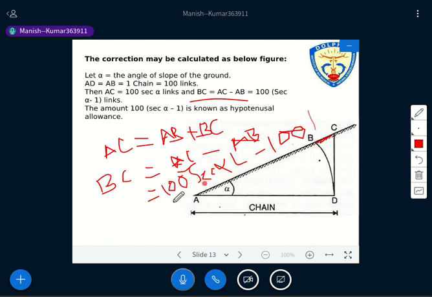Now we can take this 100 link common, so we will get this formula. So BC is equal to 100 times sec alpha minus 1 links. Is it clear? Up to this point, is the calculation clear to all of you?